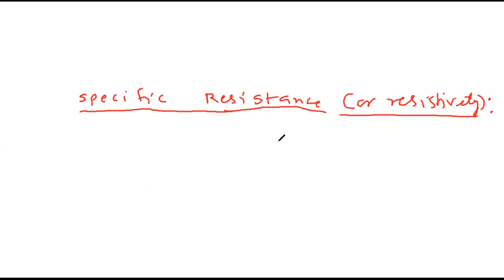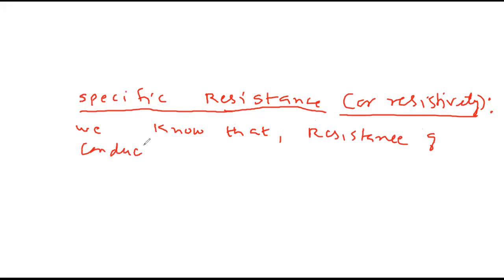So define specific resistance or resistivity. We know that the resistance R of a conductor is directly proportional to length and inversely proportional to area.